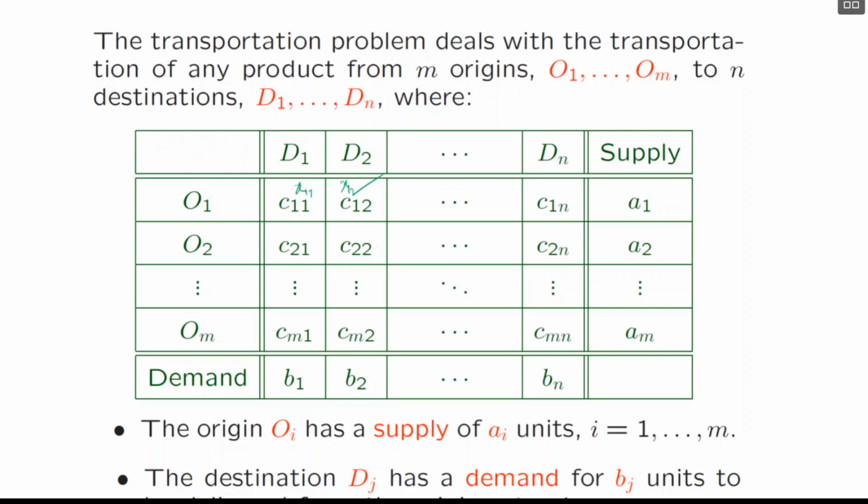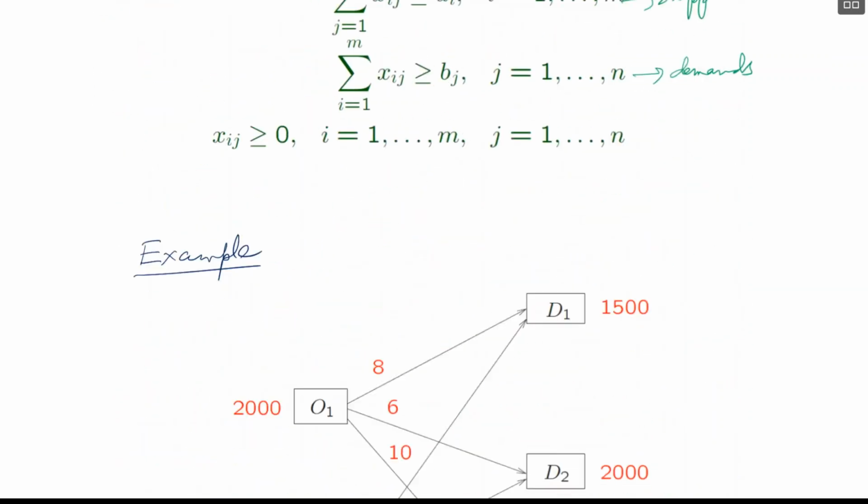So we should insert a new row OM plus 1, and the cost of supplying items from OM plus 1 will be 0 for each of the destinations. That is, the extra supply available can be instantly transported to any of the destinations. We are assuming it fictitiously.